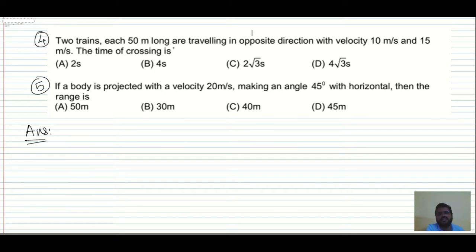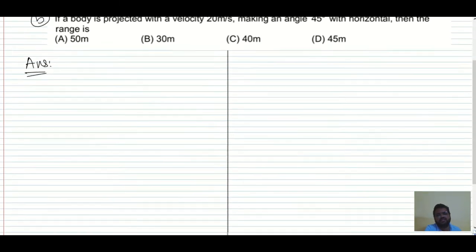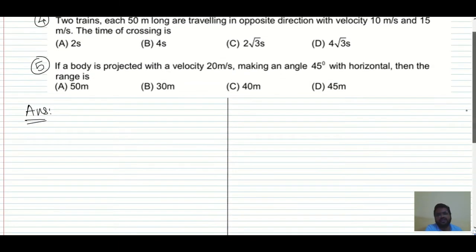Fourth one, two trains each 50 meter long are traveling in opposite directions. So if we have two trains which are traveling in opposite directions, one with velocity 10 meter per second, other with velocity 15 meter per second, and 50 meter long each indicates total length we have is 100 meter.